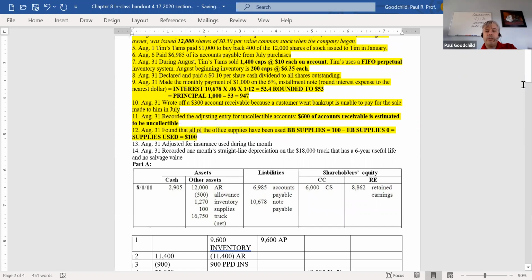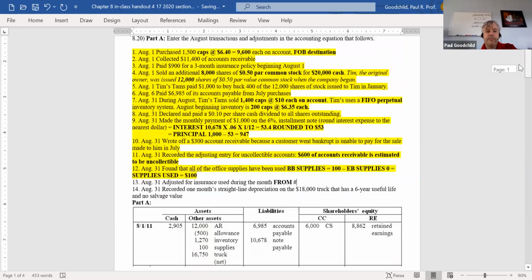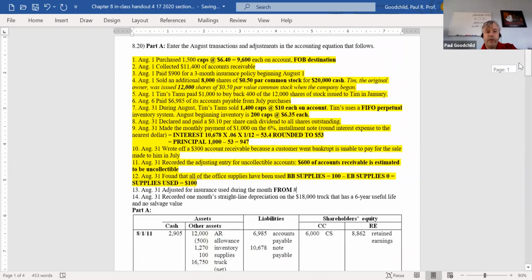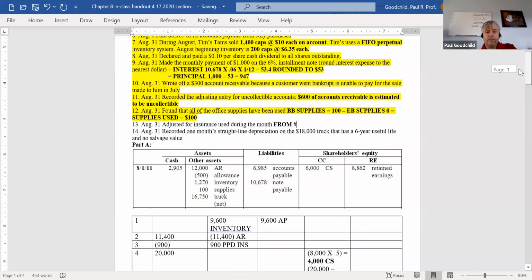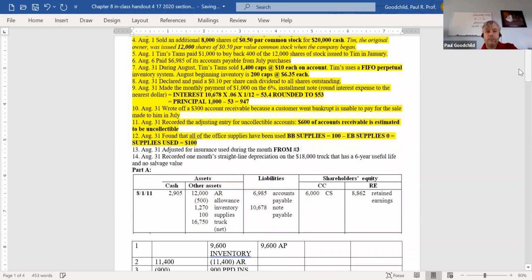Adjusted for insurance used during the month. So we have from, I think it was number 2. No, number 3. $900 divided by 3 equals $300 per month.